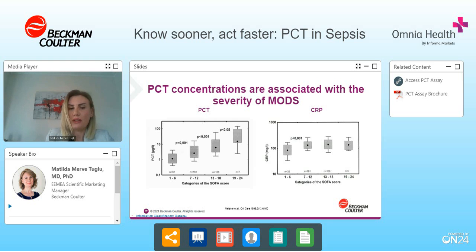Higher SOFA score levels were associated with significantly higher procalcitonin plasma concentrations, whereas C-reactive protein was elevated irrespective of the scores observed. Moreover, results indicate that procalcitonin concentrations are associated with the severity of multiple organ dysfunction syndrome as assessed by the SOFA score.